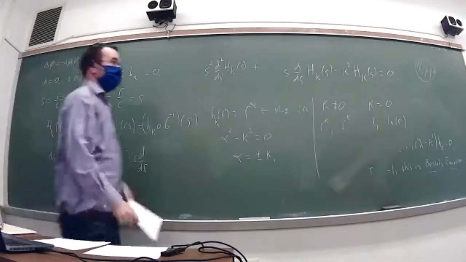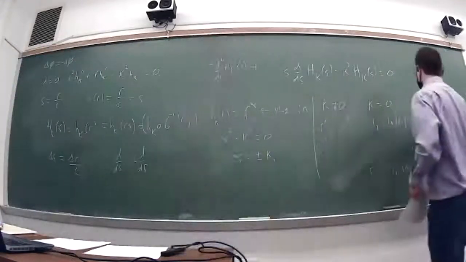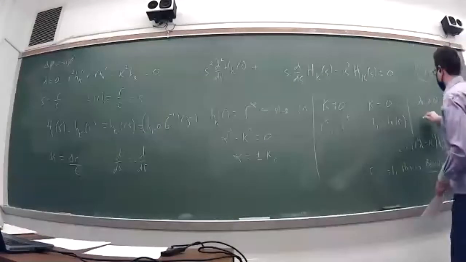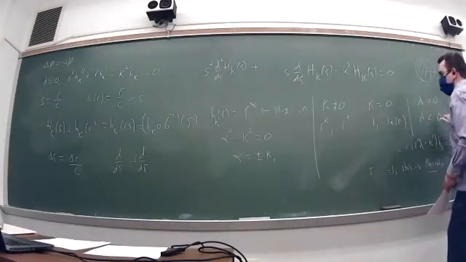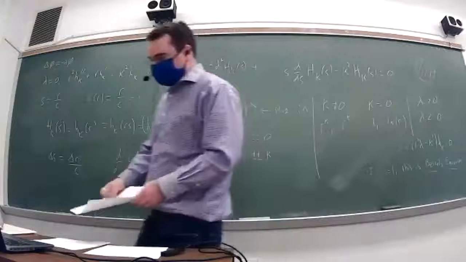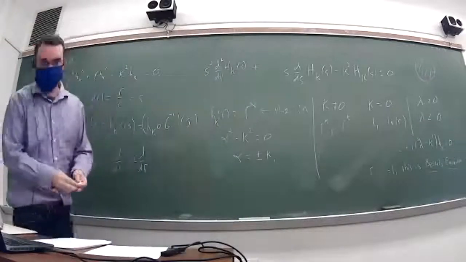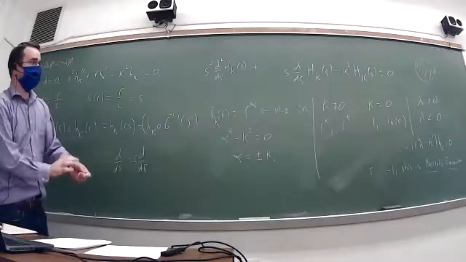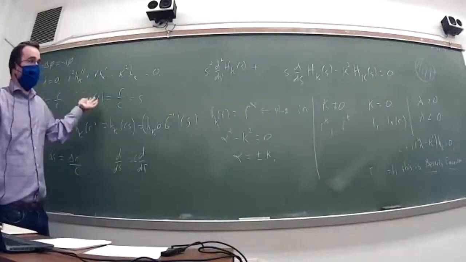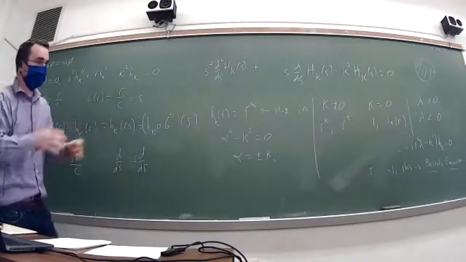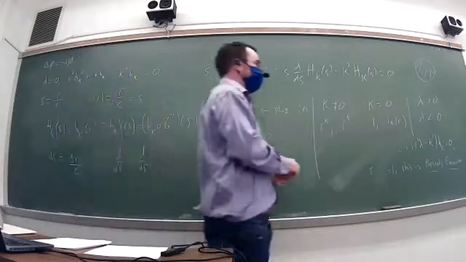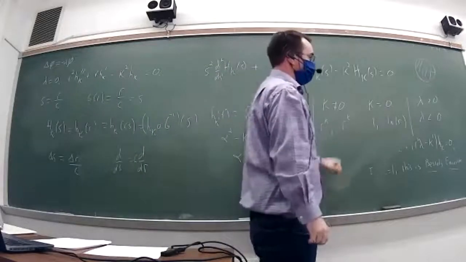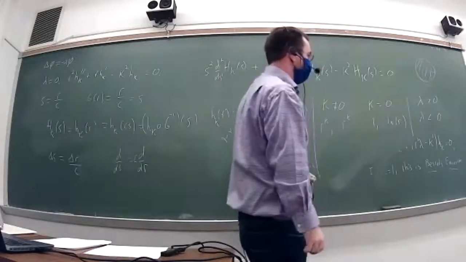And then the question is, can we solve this for lambda bigger than 0, can we solve this for lambda less than 0? And that's where the Bessel functions come in. If you just say the Bessel function is a solution to this equation, then it's not so bad. Deriving that from first principles does take some time.